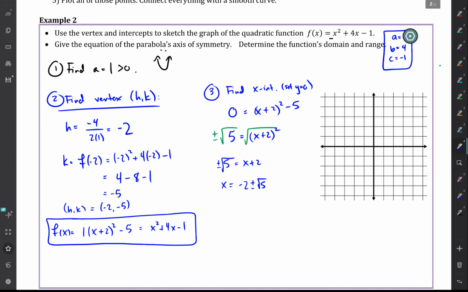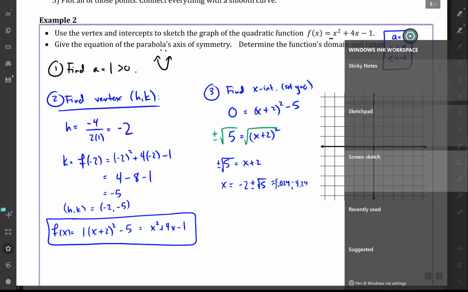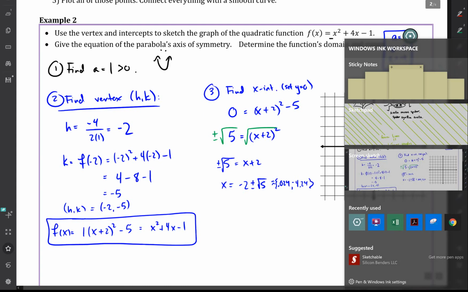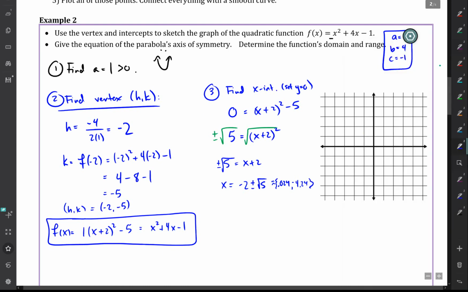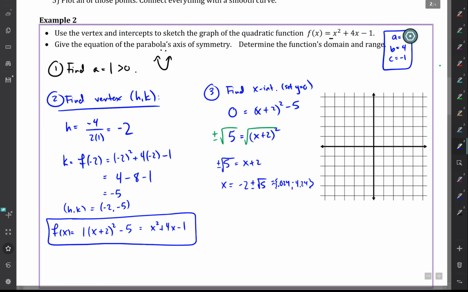And so those values, I'd actually have to plug into a calculator to see where they're at. But one is about 0.24, and the other one is approximately negative 4.24. So the 0.24 one is negative 2 plus the square root of 5, comma 0.